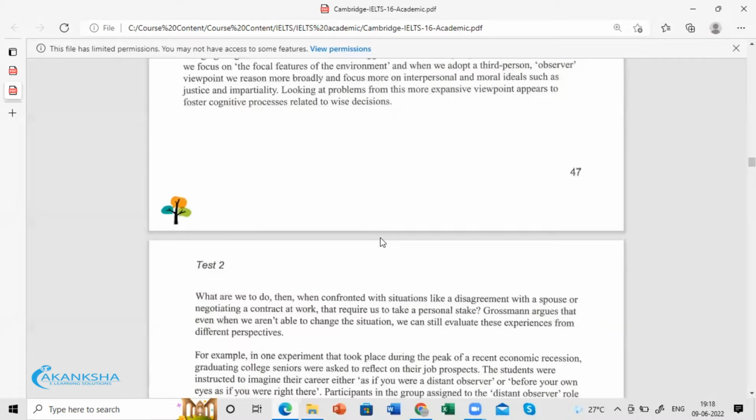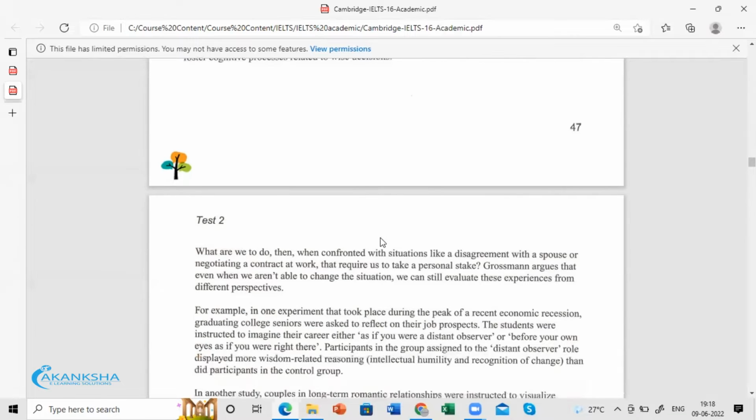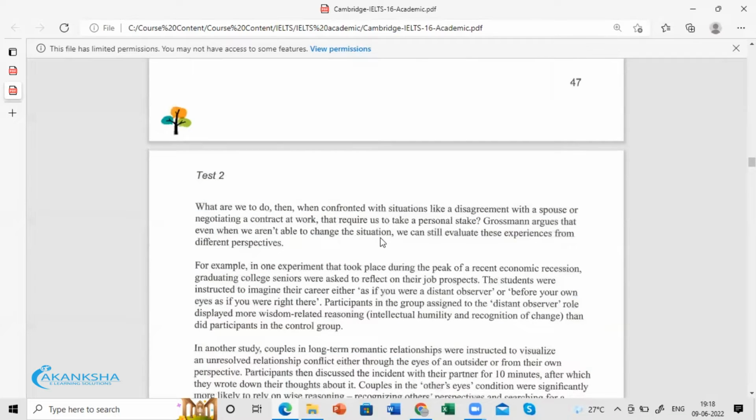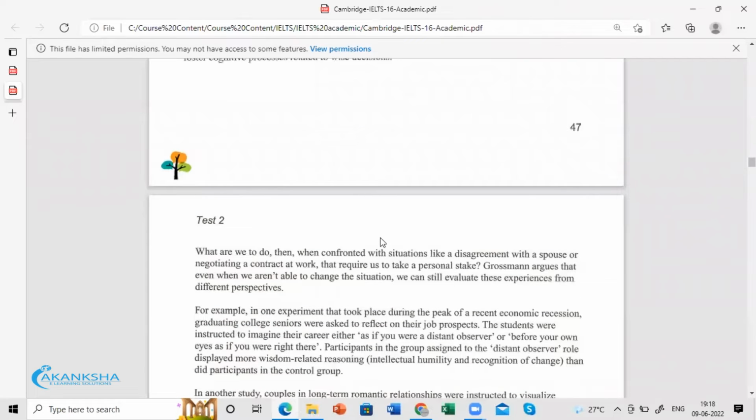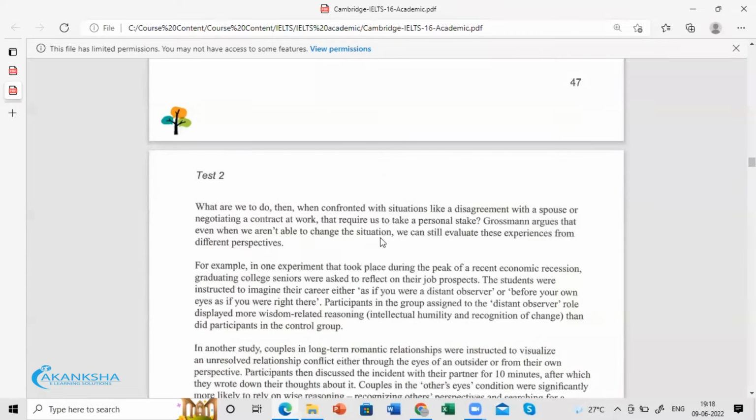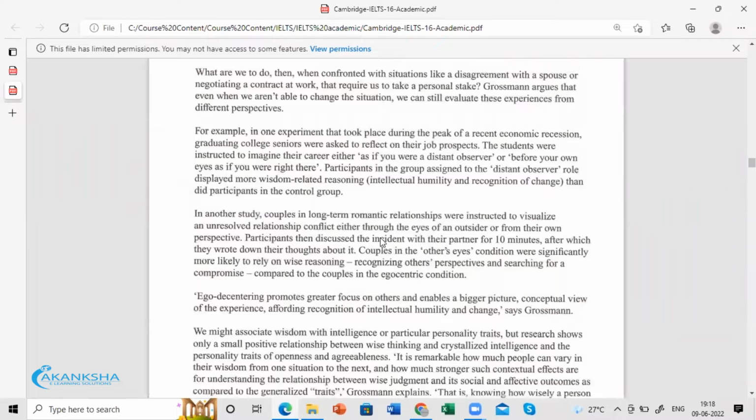Because once you get it, you get the rest easily. So where is 4 here that we can see?